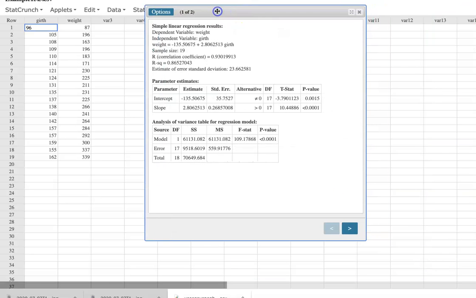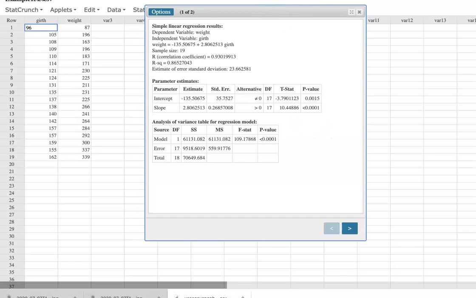And when we do our output, we get our test statistic and our p-value. So here we get such a small p-value that we are going to reject the null, going with the alternative. So there is sufficient evidence to support the claim that the slope is in fact positive. If our p-value was not less than 0.05, then we would not have enough evidence to support that claim.